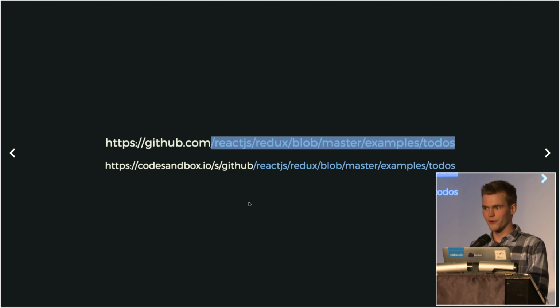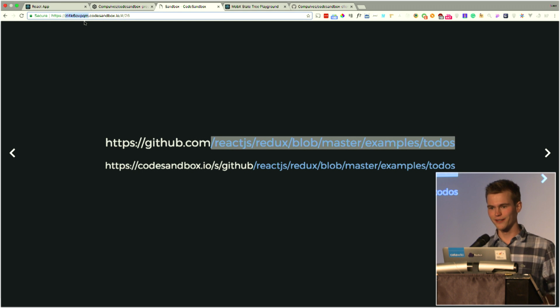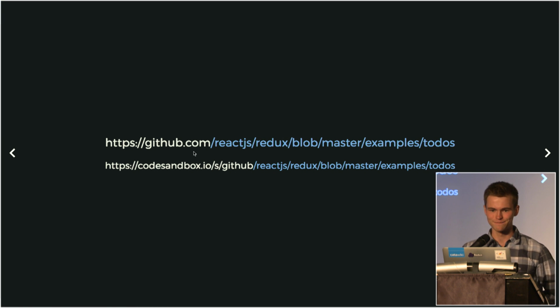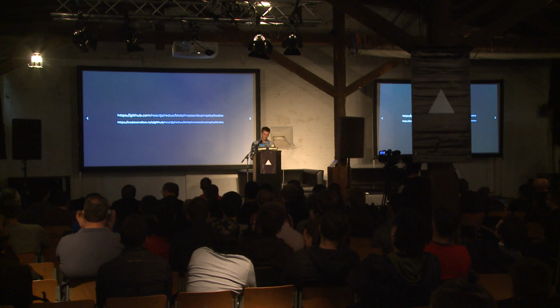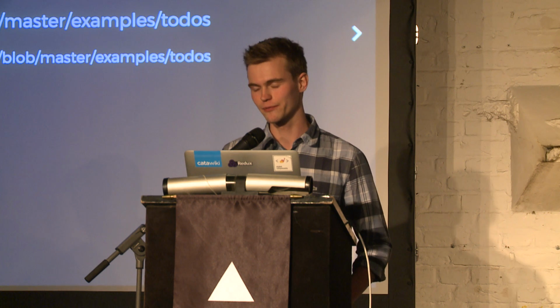And I'm going to already give a secret. This presentation is even in a sandbox. So you've all been fooled. This is not localhost, this is CodeSandbox. And I imported it today from GitHub, so that's why I started with it.